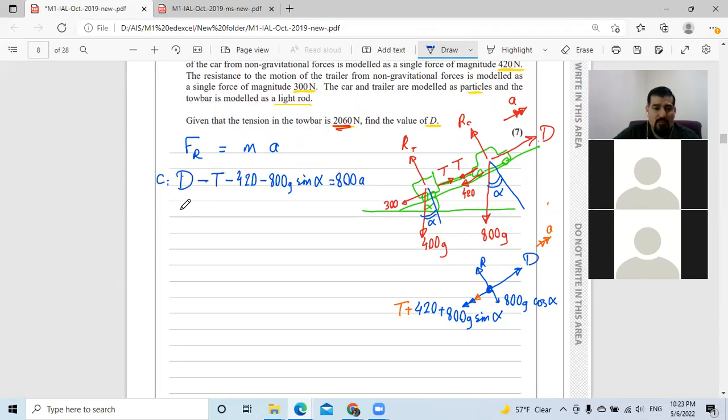This is equation number 1, or you can rearrange it to be D minus T minus 420 minus 800 times g times 1/7 equals 800a. This is equation number 1.